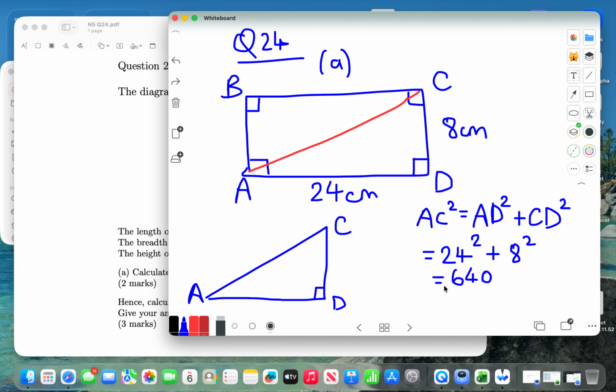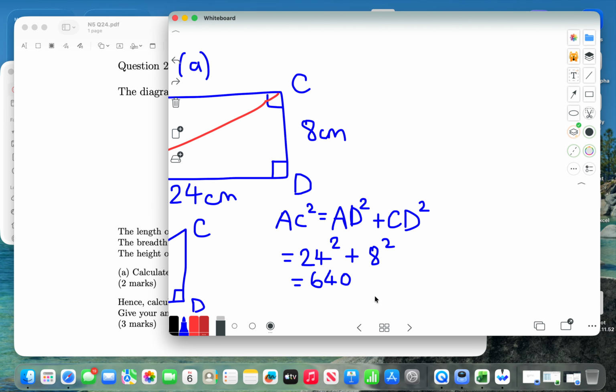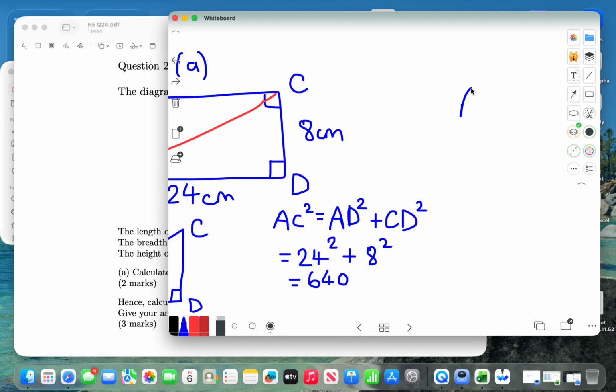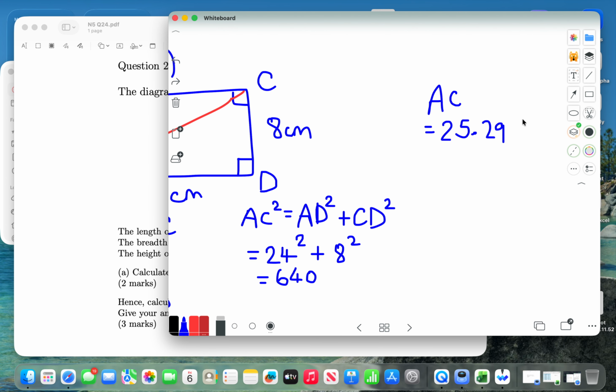Take the square root of this and you get AC equals 25.2982213.